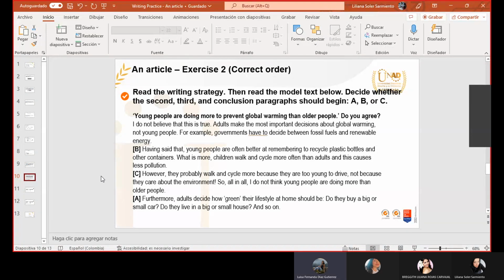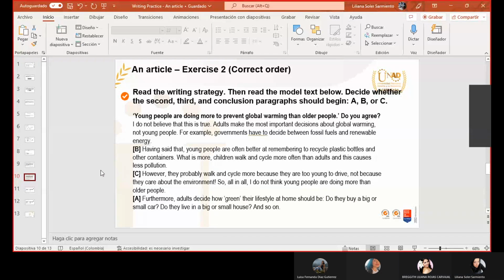Read the A, the introduction and the first paragraph.